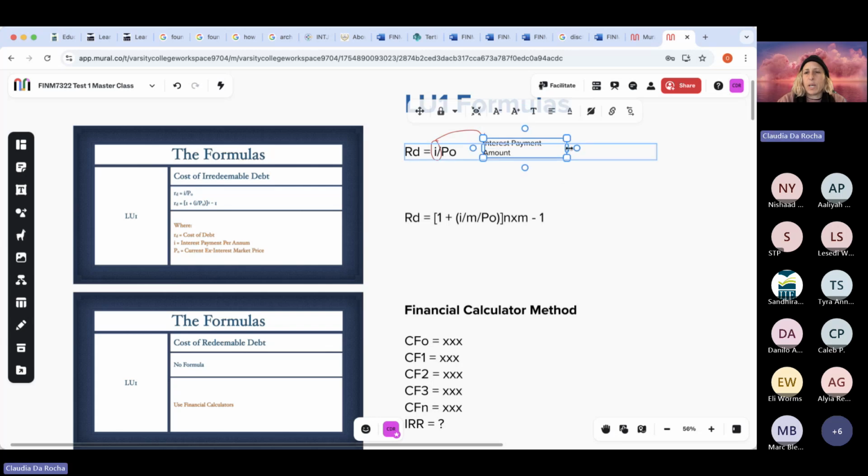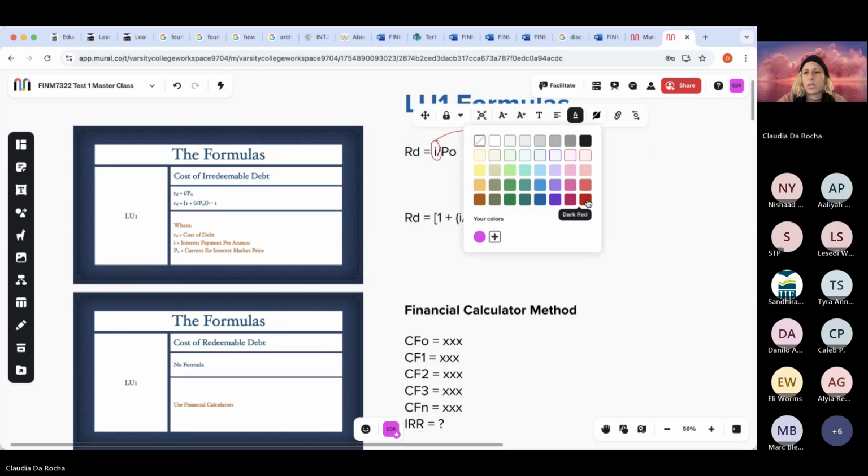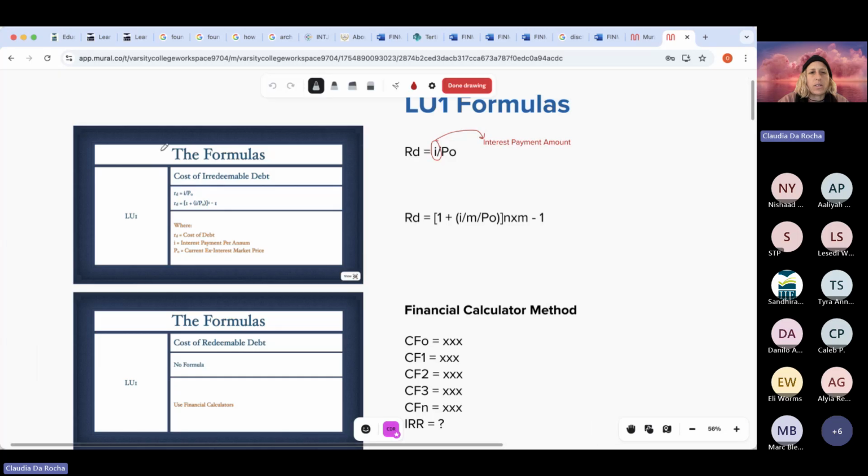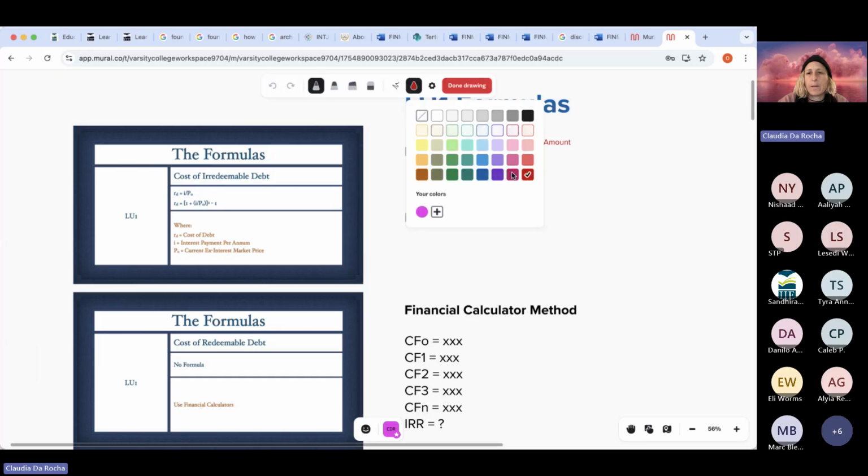So it has to be interest payment amount. Right, and then the PO is your current ex-interest market price. So that's very important that we understand that. So I'm just going to write that so you can see what I mean.